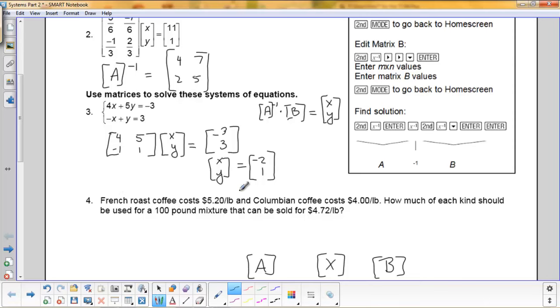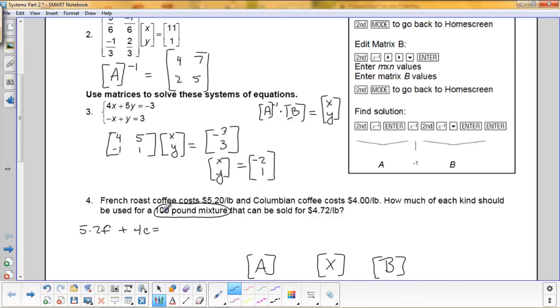Now question number 4 throws a little bit of a wrinkle in here, so we're going to take a look at that because of this right here. You've got a 100-pound mixture. It's not 1 pound, it's 100 pounds, and that's going to affect one of our equations in an important way. So I'm going to say French roast coffee, F, is going to be $5.20 a pound, plus the Colombian roast coffee, which is $4 a pound, is going to give me a total amount of $4.72 if I only buy one pound of it.